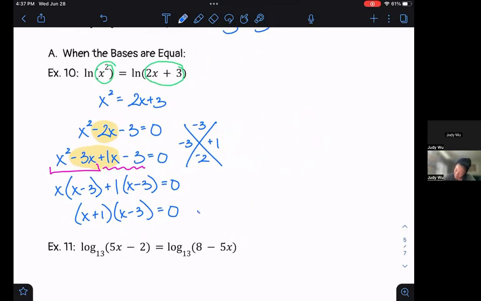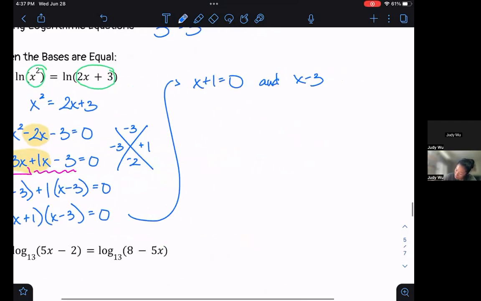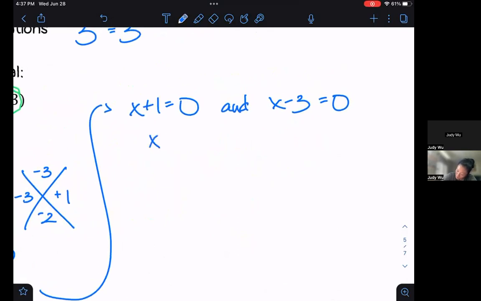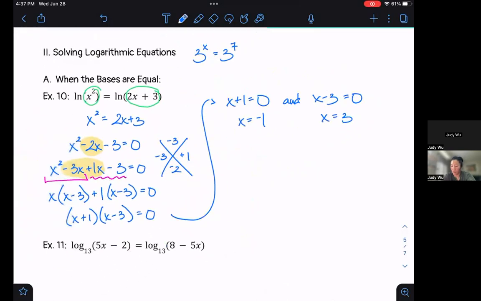All right, let's finish this off. x plus 1 equals 0, and x minus 3 equals 0. So x equals -1 or x equals 3. But we should plug them both back in, to make sure that we get the same thing on both sides of the equation.